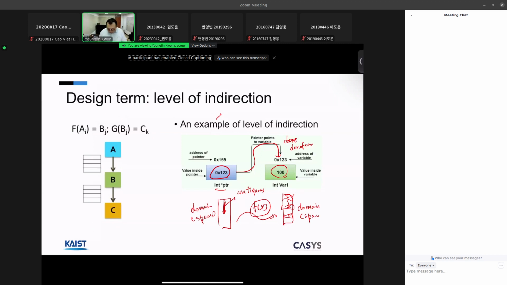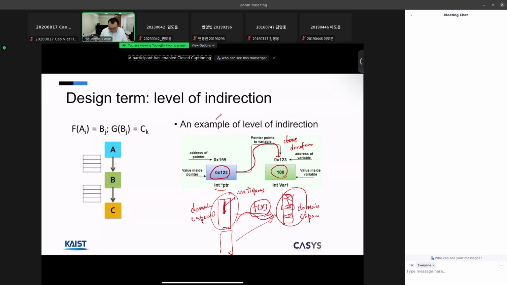And also we can make sharing. If two different domains point to the same domain, it can achieve sharing. Level of indirection provides this flexibility between this domain and this domain. Someone said that most computer science problems are solved by adding a new level of indirection.